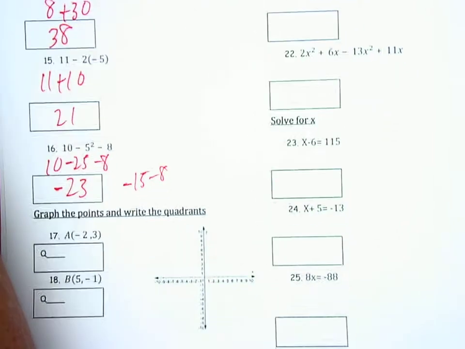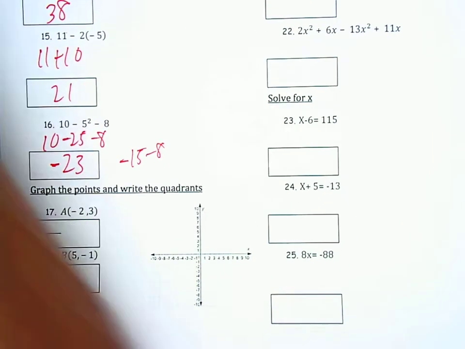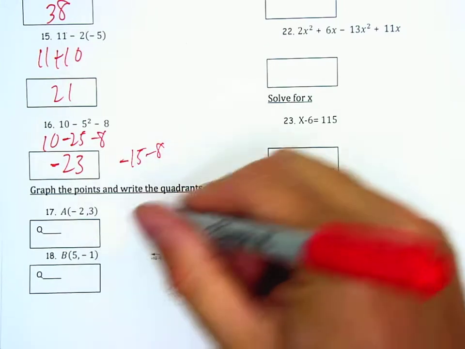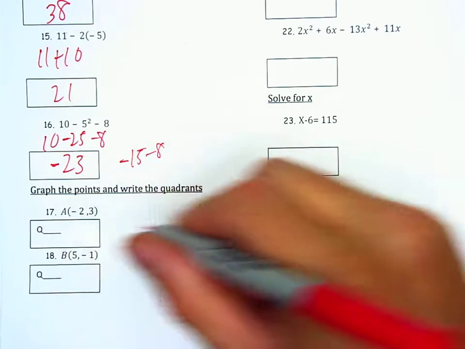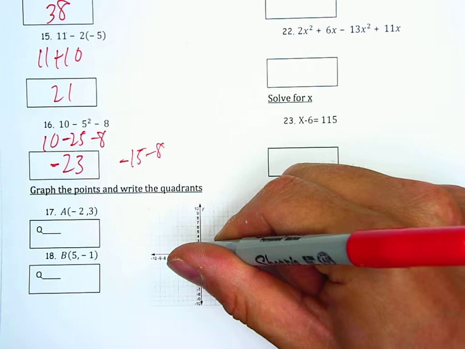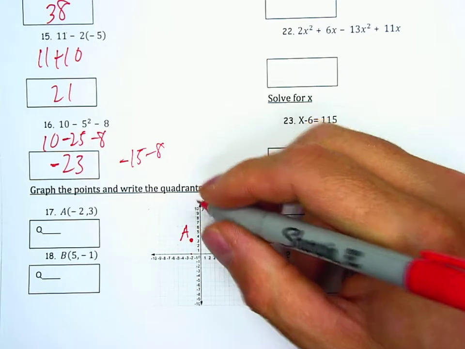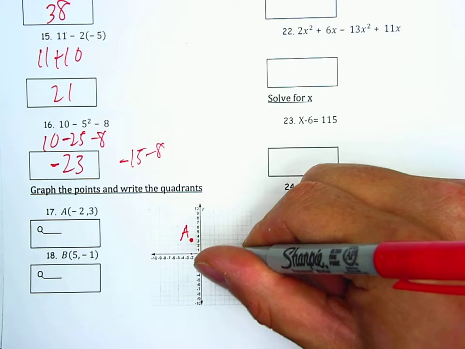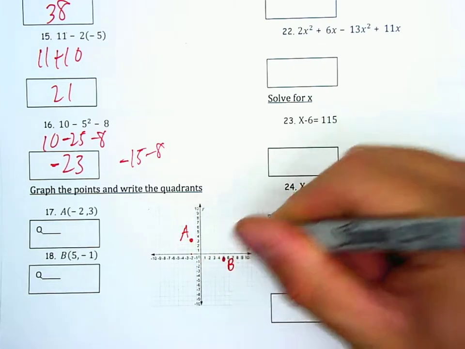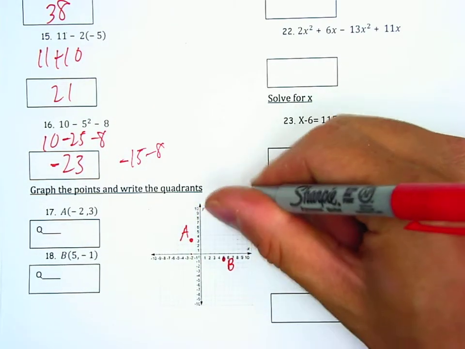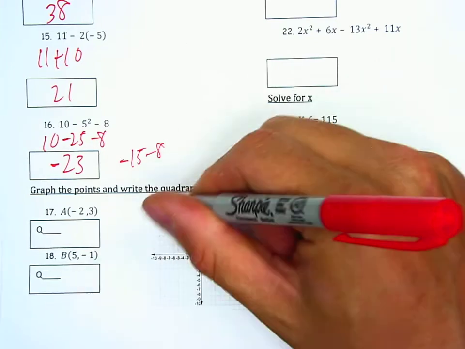All right, next thing, plot the points on the grid and identify what quadrant they're in. So A is at -2, 3. So 2 to the left and 3 up. This is A. And B is at 5, -1, 5 to the right and 1 down. There's B. The quadrants go counterclockwise starting in the top right.